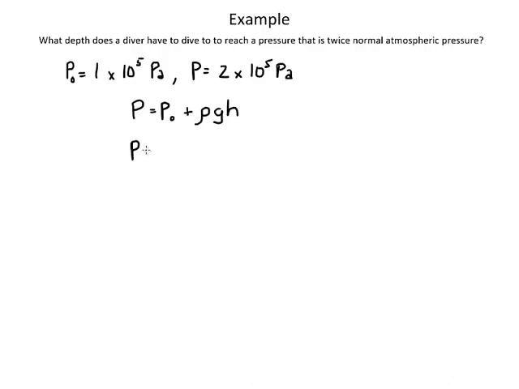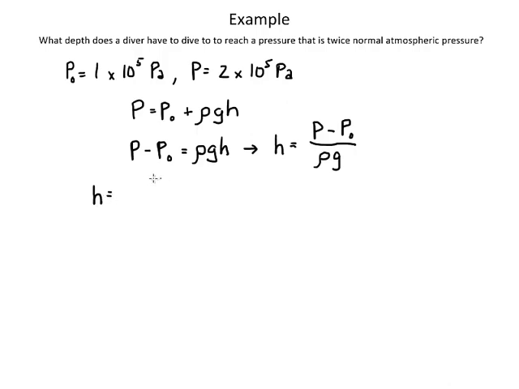So I'm going to subtract atmospheric pressure from both sides. And then I'm going to divide both sides by density and G. And so I will get that my height is the pressure we seek minus the atmospheric pressure, over density times G. At this point, all we really have to do is plug the numbers in.